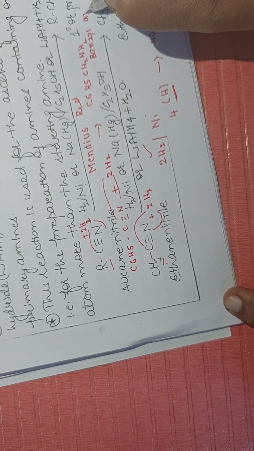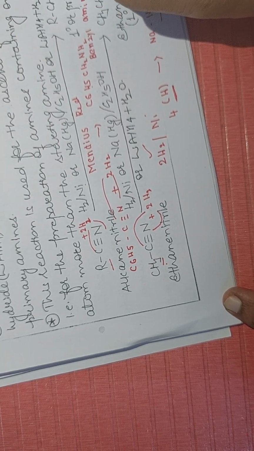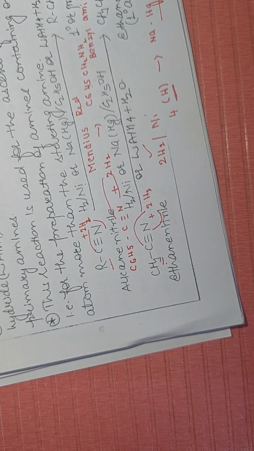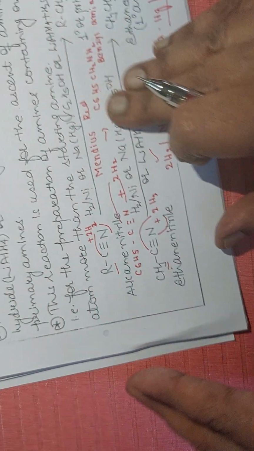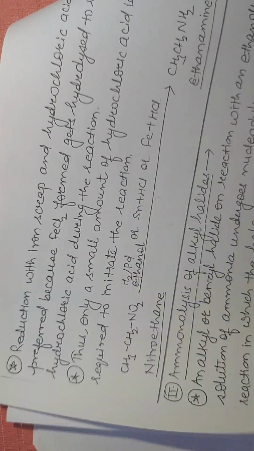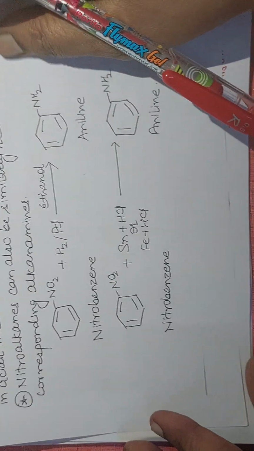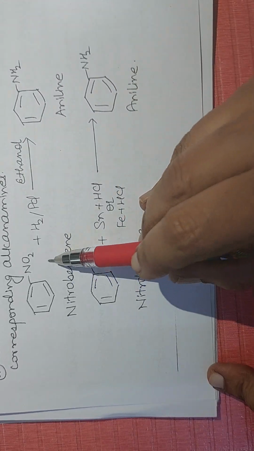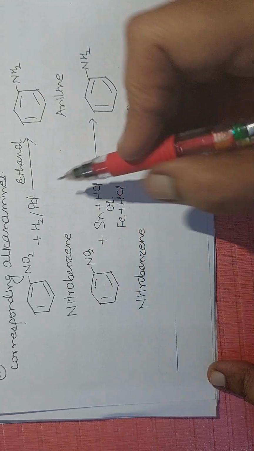Till now, we have studied four methods: Hoffman bromamide, Gabriel phthalimide, Hoffman ammonolysis, and Mendius reduction. The last method of preparation of amines is the reduction of nitro compounds. That is nitrobenzene. This is nitrobenzene.